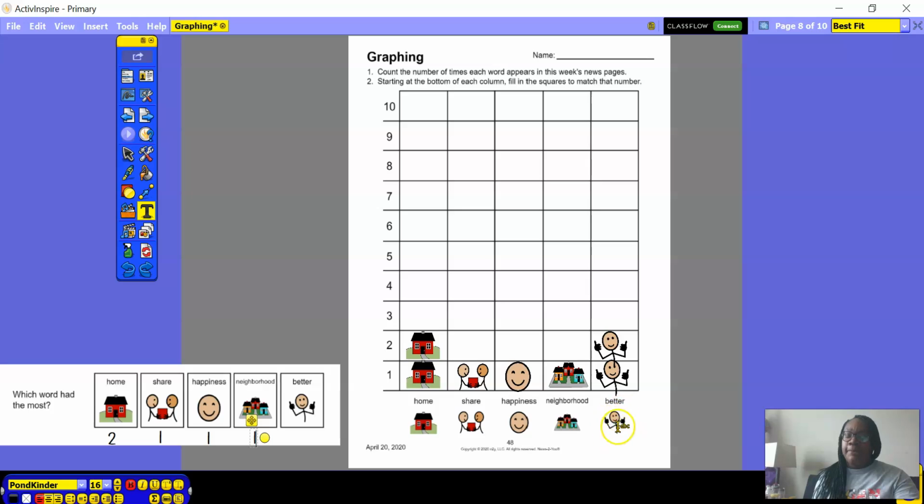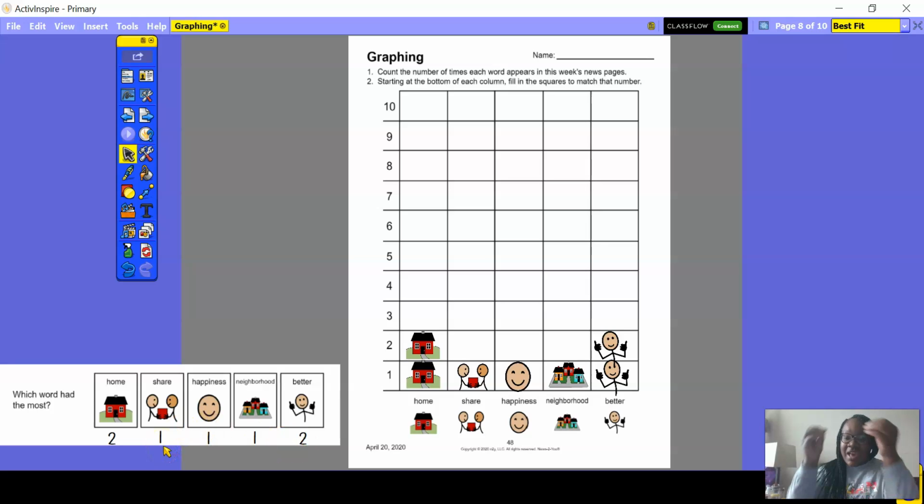All right, and what about better? How many times was the word better in our story? 2, very good. 2 times. All right. So if I look at these numbers, I know that 2 is bigger than 1.